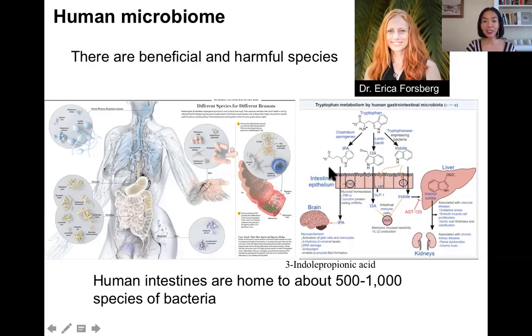You see, this is just the presence of this bacteria, which is leading to all of these positive effects. These other bacteria, in contrast, tryptophanase-expressing bacteria, can convert this tryptophan into indole, and this indole can cause some damage to the liver and kidneys.